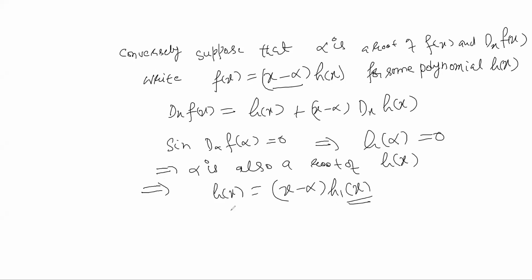Now substitute this value of h(x) in this equation. You will get that f(x) equals (x minus alpha) whole square h1(x).